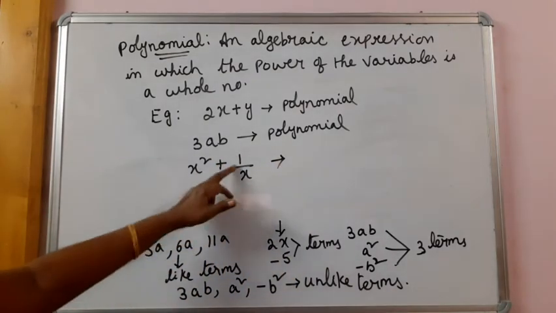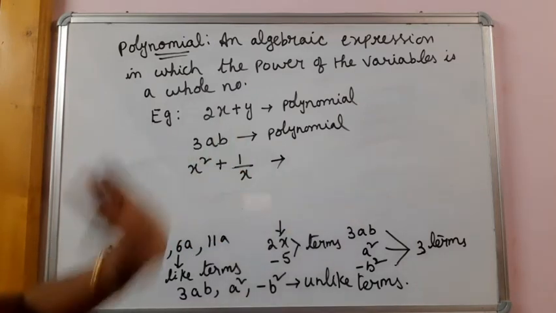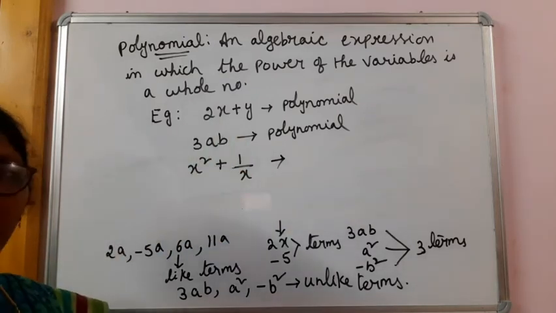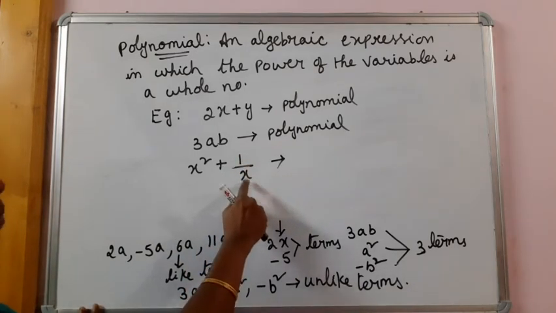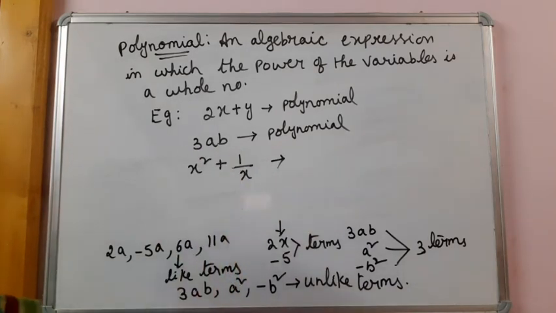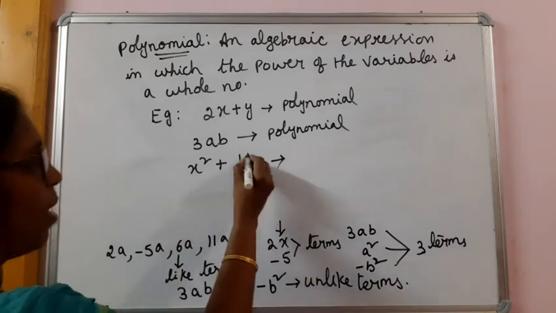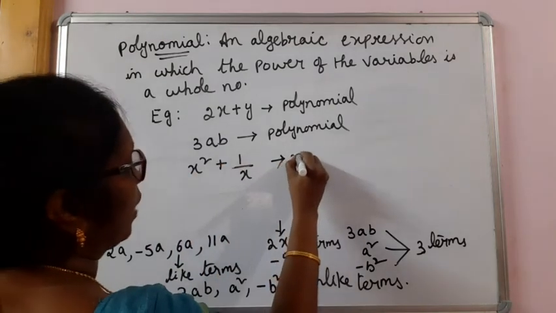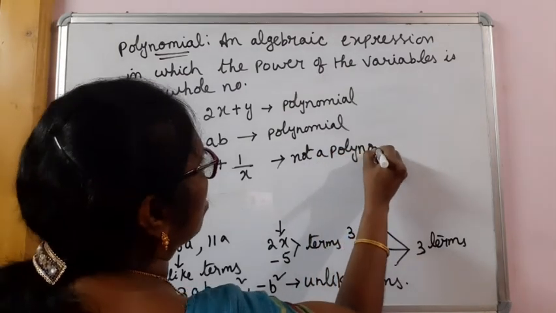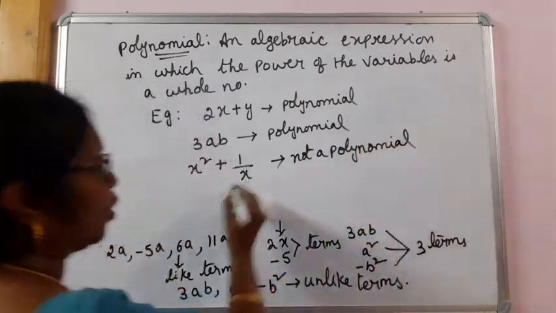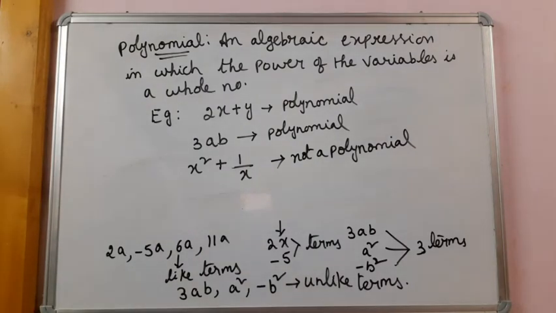Next, x square plus 1 by x. The meaning of 1 by x is x to the power minus 1. You have already learned in previous classes that 1 by x means x to the power minus 1. So the power is minus 1 here, so it is not a polynomial. That means if the variable is in the denominator, it is not a polynomial.